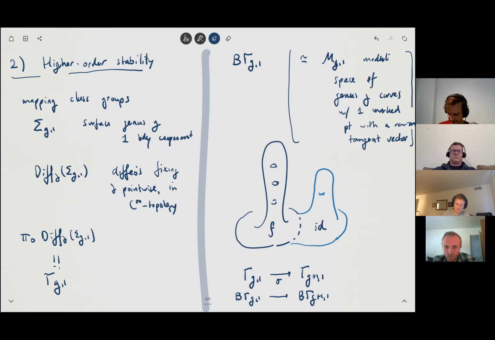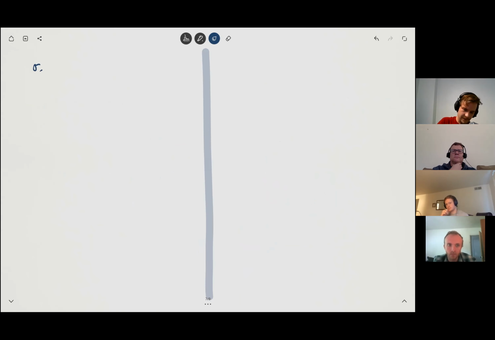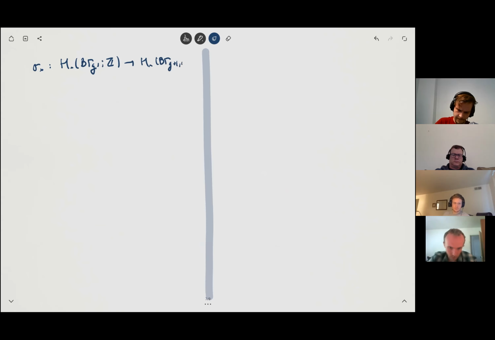Something that you can find in the lecture notes for the previous talk, but that I didn't mention, is that this sequence of groups that I get by varying g exhibits homological stability. So the induced map on homology is a surjection in degrees up to 2g/3, then an isomorphism in slightly lower degrees.